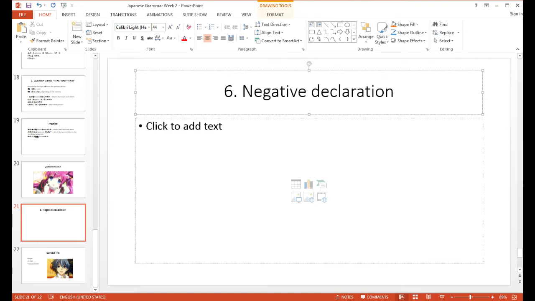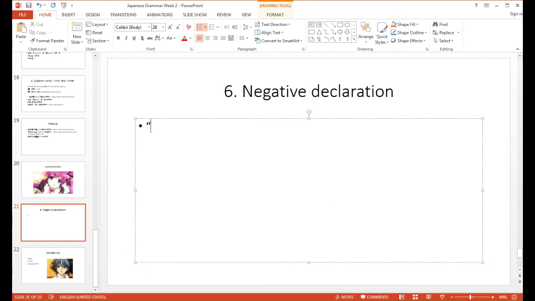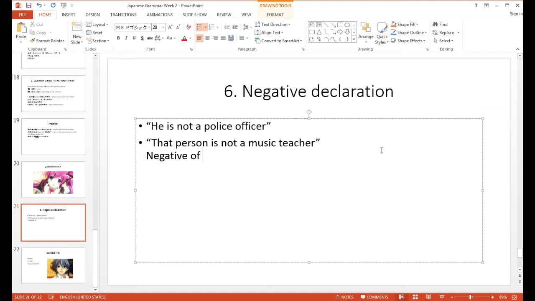So for example, how do you say he is not a police officer, or that person is not a music teacher? It's pretty much the negative of da or desu. Negative of da or desu.